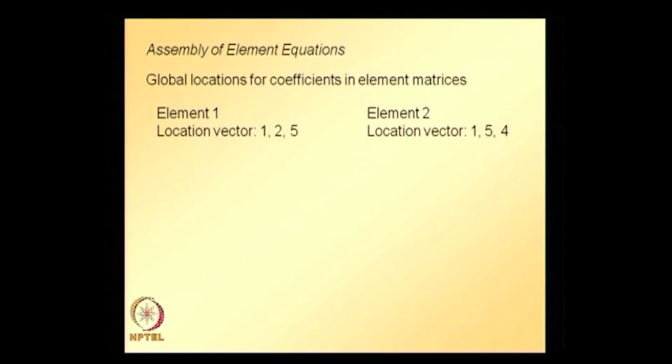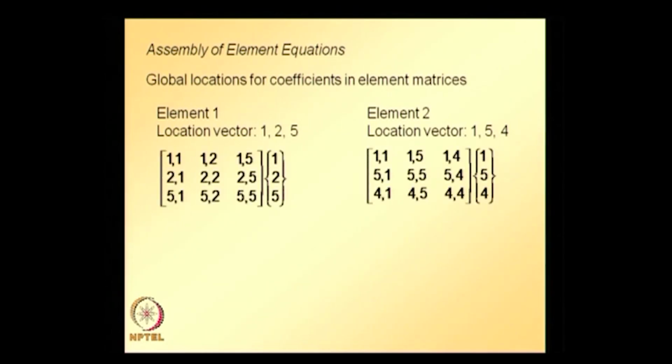For element 1 the nodal connectivity is like this: 1 2 5, and for element 2, 1 5 4 is the nodal connectivity. So, with this information we can easily identify at what locations the contribution of each of the elements 1 and 2 goes into the global equation.